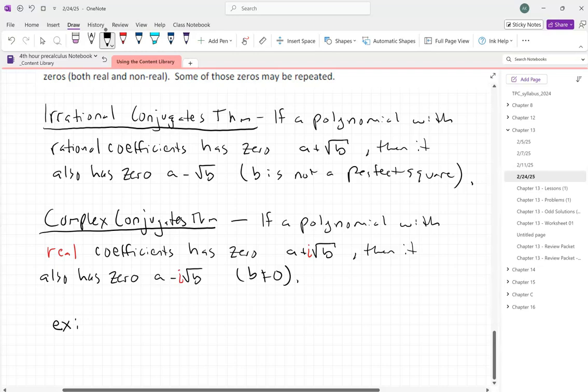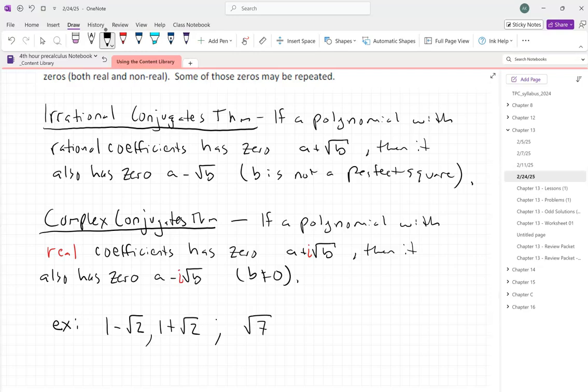So, for example, if I have a polynomial with rational coefficients, and I have 1 minus square root 2 as a 0, then I also have to have 1 plus square root 2 as a 0. Or if I have a polynomial that has square root 7 as a 0, then it also has to have negative square root 7 as a 0, right?